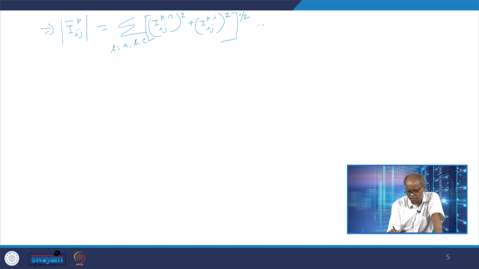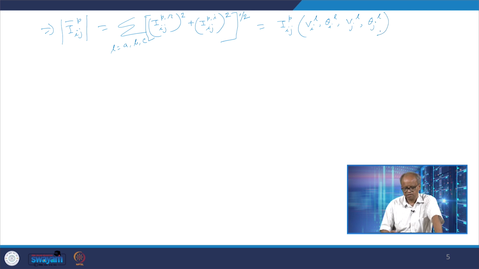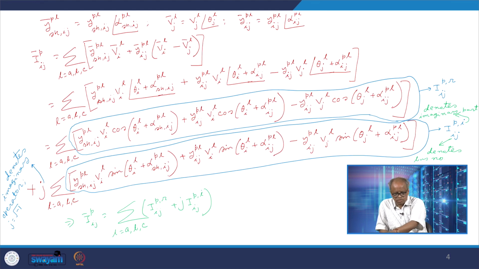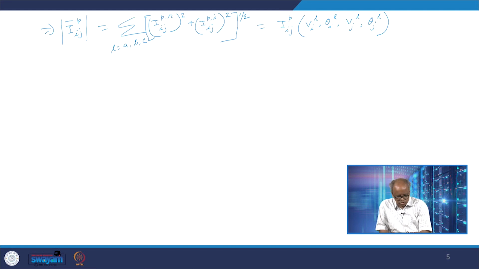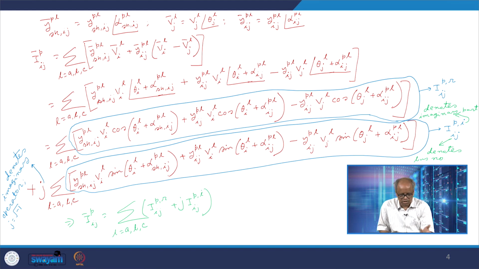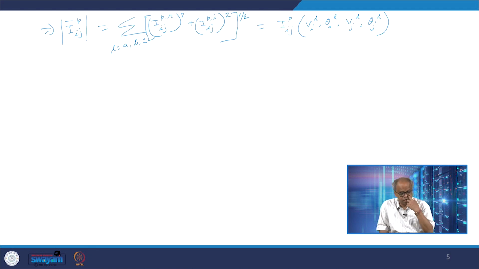It would be some function of VIL, theta IL, VJL, theta JL. If I just do this square, and this square, then do a little algebra and add the similar portions, I will get an expression which is a function of VIL, theta IL, VJL, theta JL.